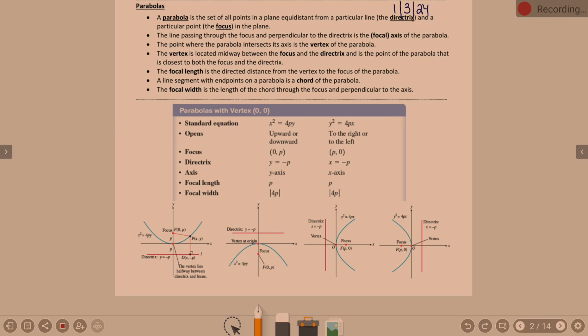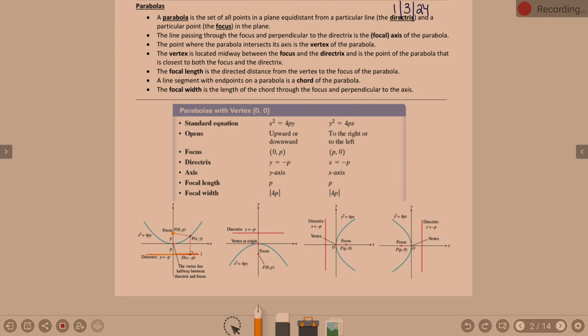And then the focus is the point that is inside the parabola. So the idea is that you've got this focus and this directrix. All points on the parabola are equidistant between those two pieces. Any line drawn from the directrix up to the parabola is going to be equidistant from the focus to the parabola.